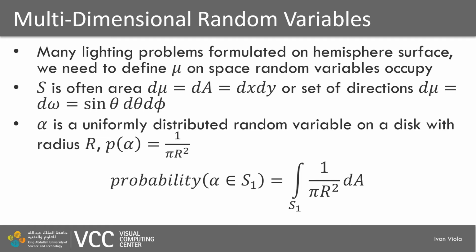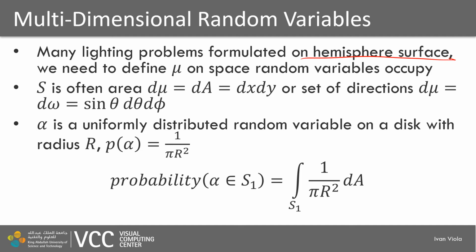In computer graphics, we can use random variables which are defined over various surfaces, various geometries. Often we will deal with the hemispherical surface for illumination problems.